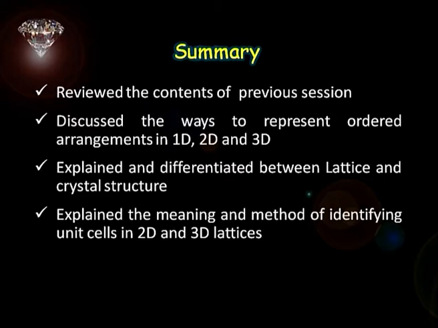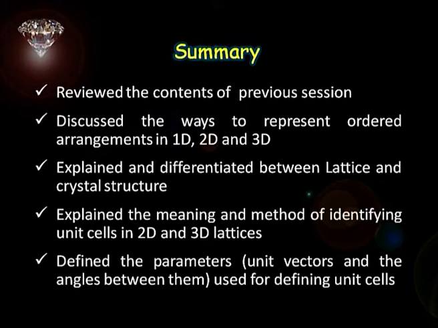Then we explained the meaning and the methods of identifying the unit cells in 2 dimension and 3 dimensional lattices. So, we have to understand that it is the unit cell which when translated generates the whole lattice. That is a basic premise. And we have also defined towards the end the parameters, that is the unit vectors and the angles between them, which are used for defining the unit cells.